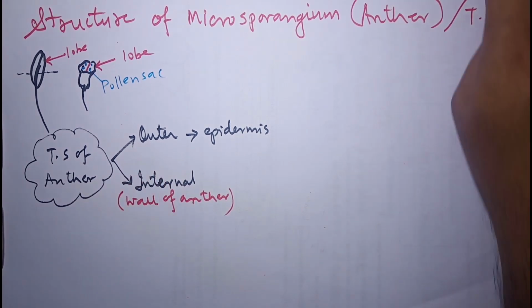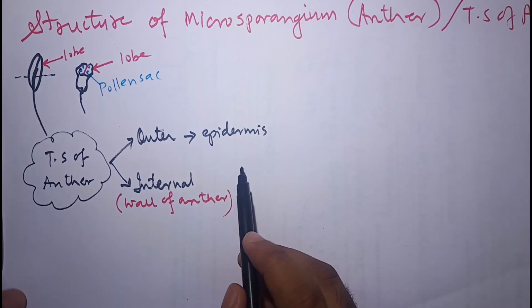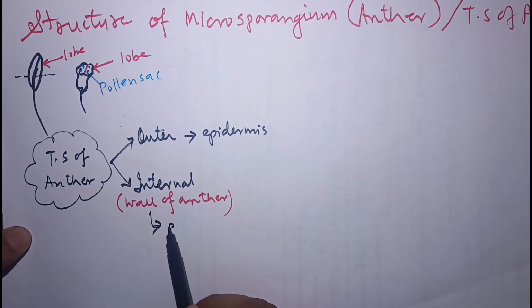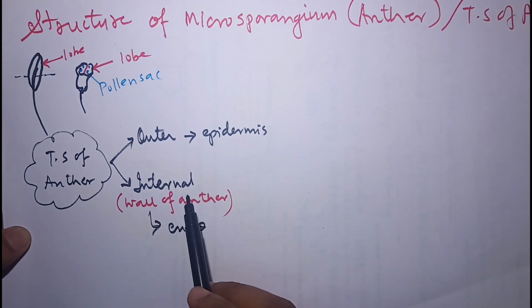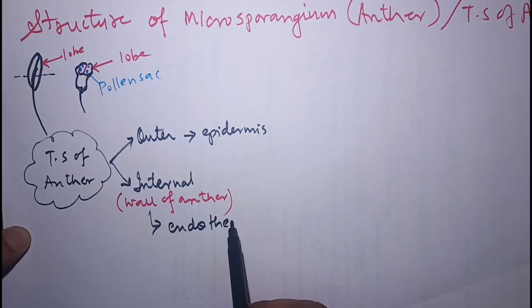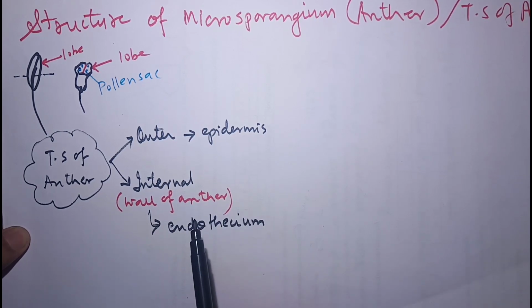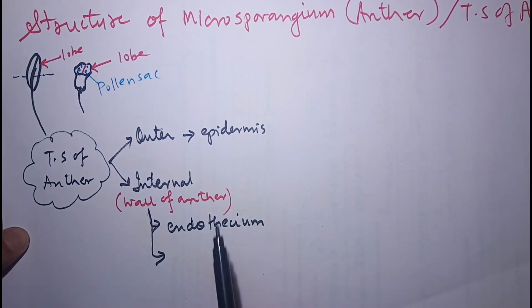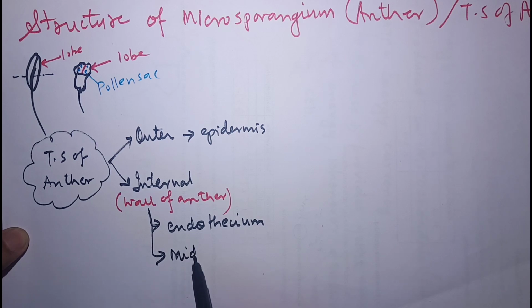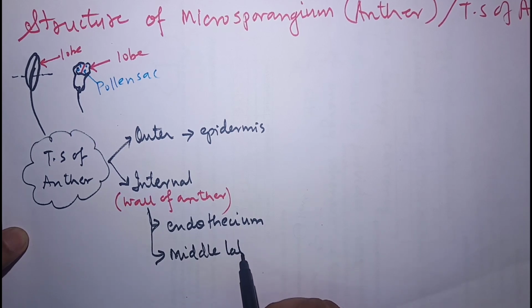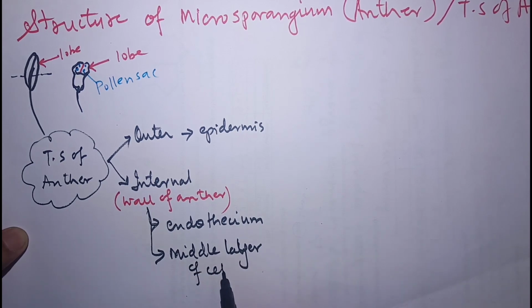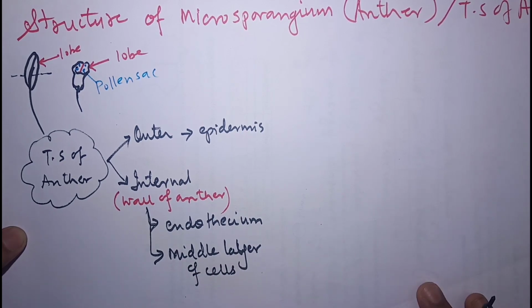And in this wall you can find two divisions. The first one is endothecium, and inner to endothecium you can find a middle layer of cells.